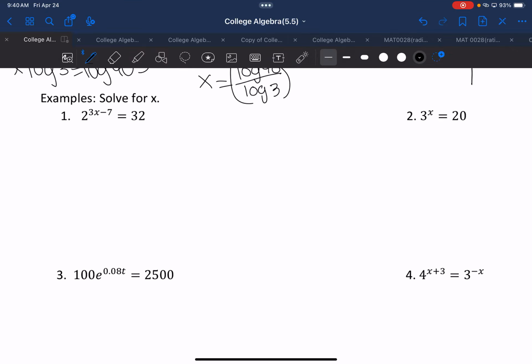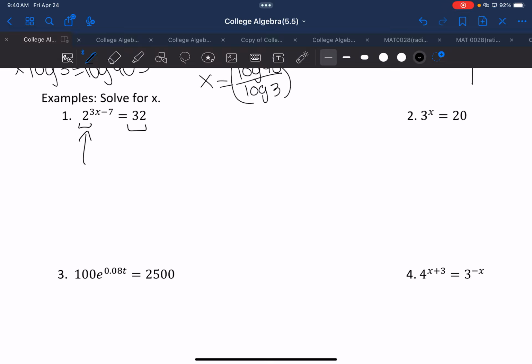Okay, so number 1, I can actually get these to have the bases be the same because 32 can be written as a power of 2. So if you don't have all your powers memorized, I don't blame you, then you can just try taking 2, because that's the smaller base in this problem, and just start raising it to different exponents. It's never going to be a really large exponent. So just try up to like 10 and see if any of those equals 32.